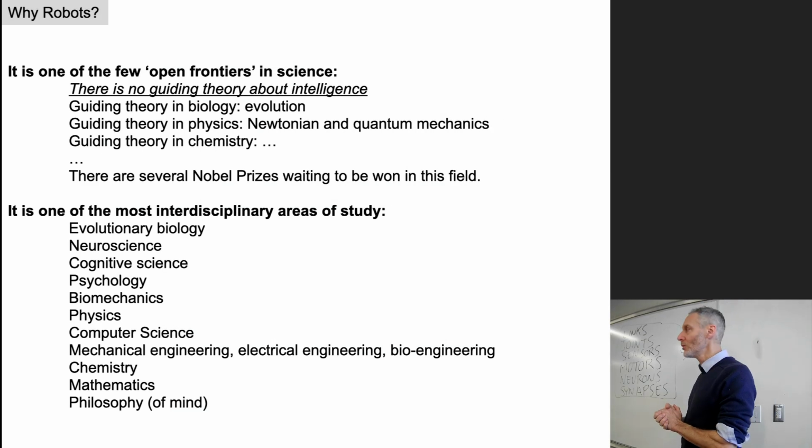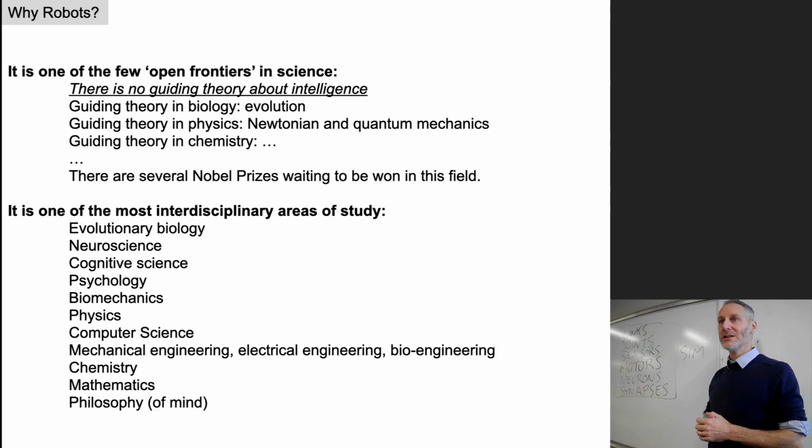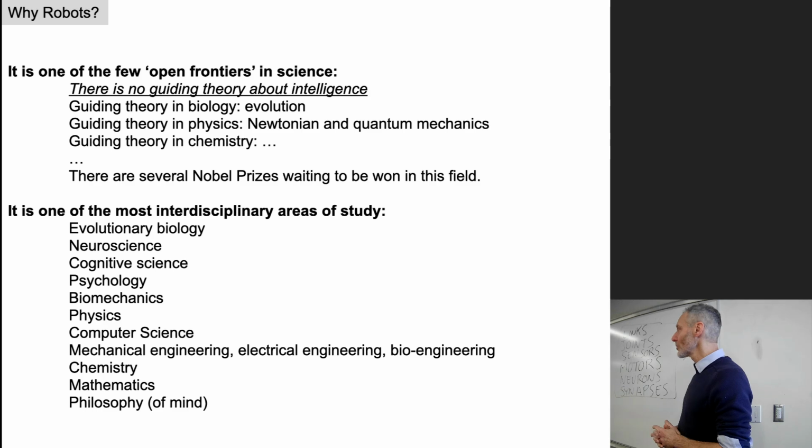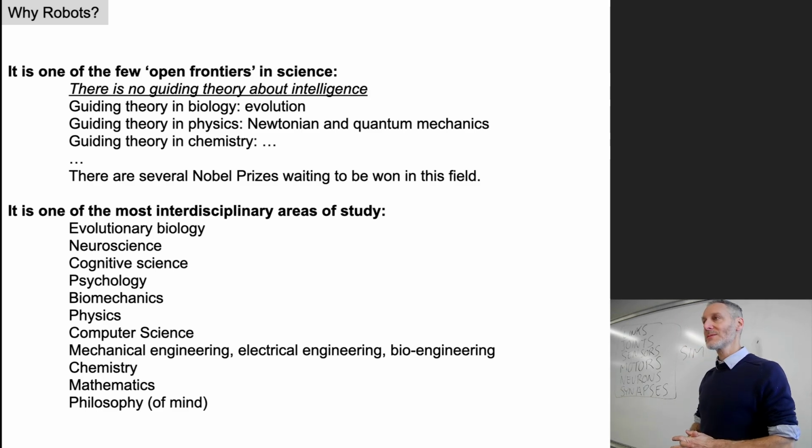Last time in lecture 1, we were working our way through at least some of my reasons why you might want to try and create robots. And again, I encourage you to come up with your own reasons. One of the things I think is so exciting about robotics and AI is it might help us finally define a guiding theory for intelligence. What actually do we mean by intelligence?